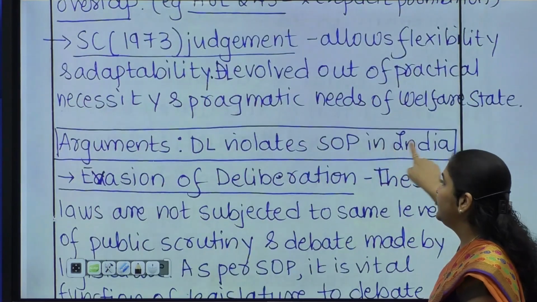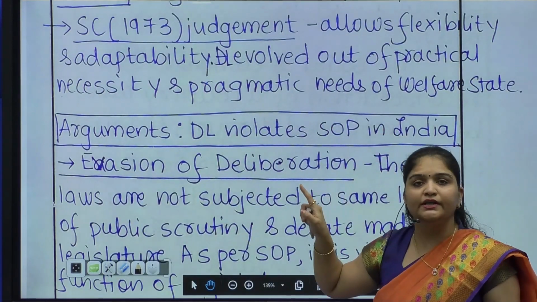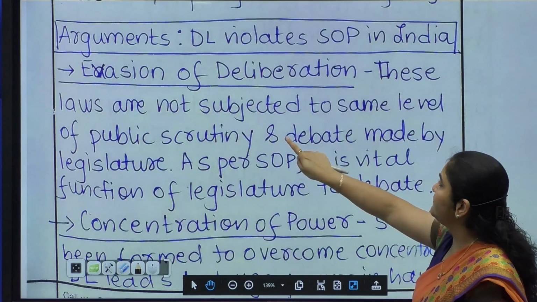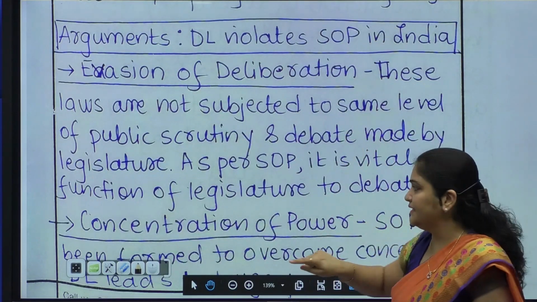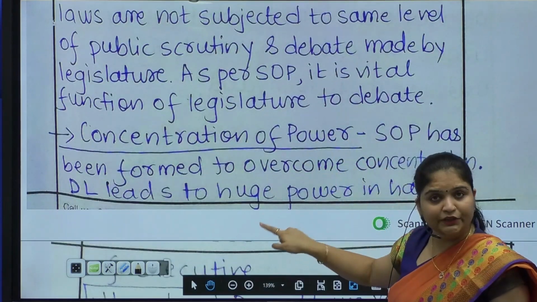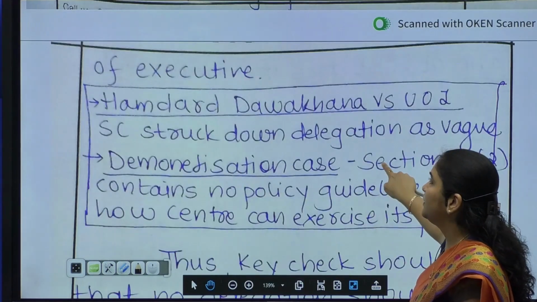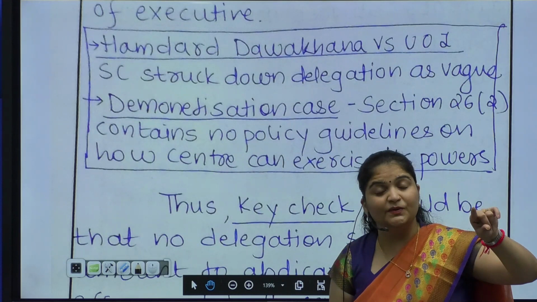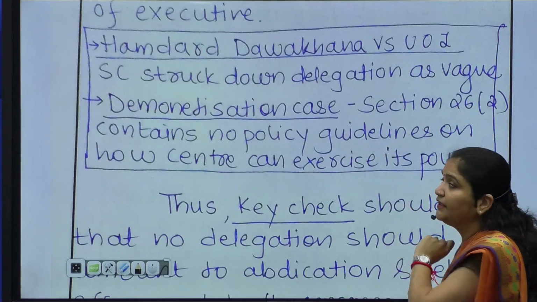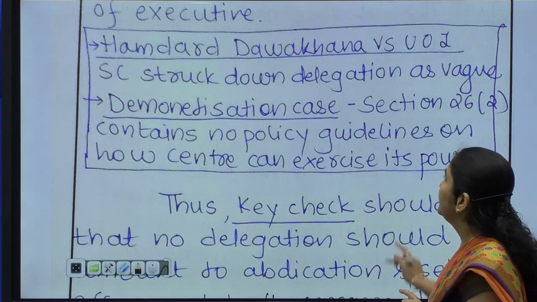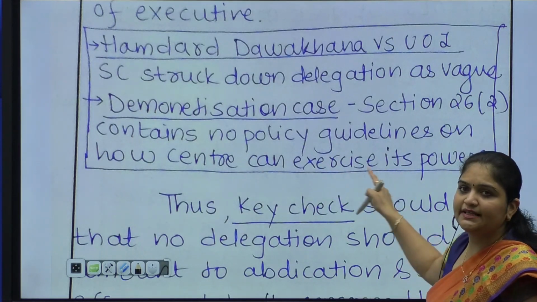Clear? Then how this argument, that DL violates separation of power. In this, see how I have spoken of evasion of deliberation that is done in the legislature. Then it can also lead to concentration of power. So we give one judgment and one case study: Hamdard Dawakhana versus Union of India, and the other is the demonetization case.